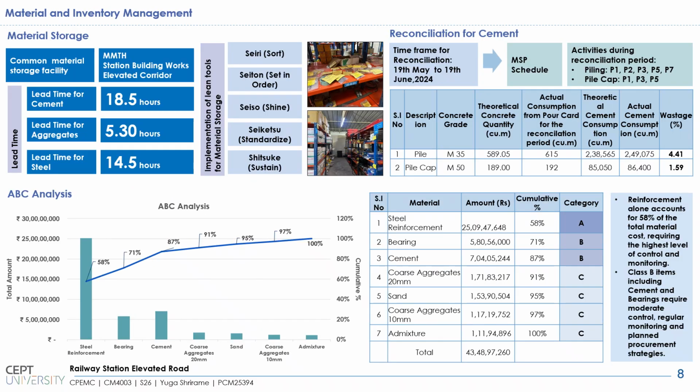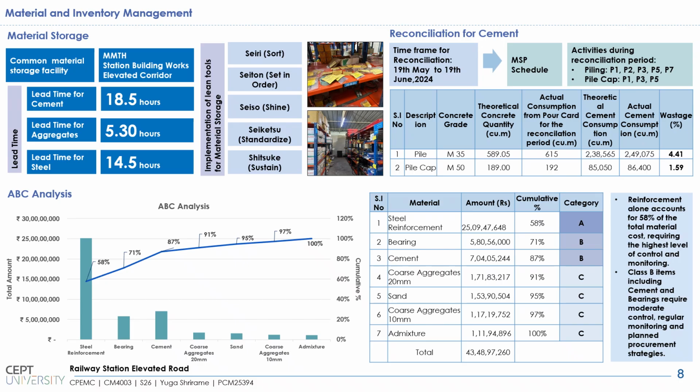In the inventory management part, the lead time for cement was among the highest, at around 18.5 hours, and the material storage facility is a common facility which serves the works of the project of MMTH, the station building works and the elevated road.